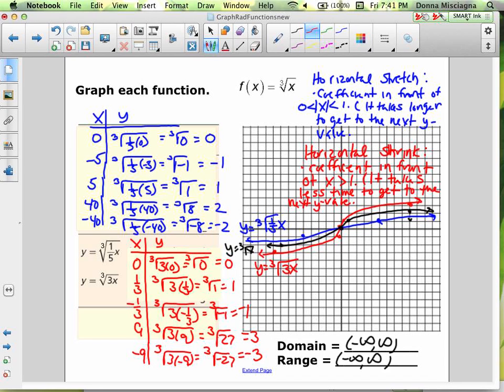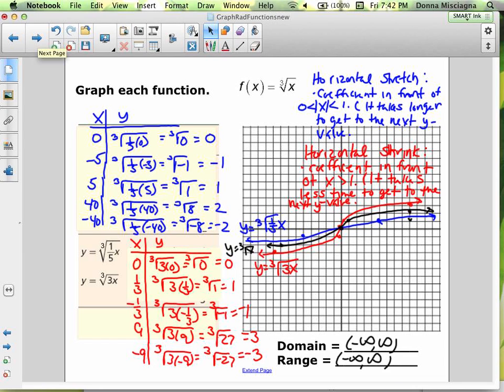That would be a horizontal shrink. Takes less time, you're probably still writing anyway, to get to the next y value. There we go. All right, horizontal shrink, horizontal stretch, right?